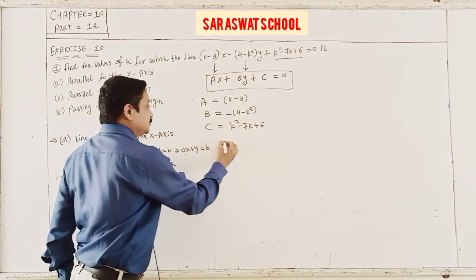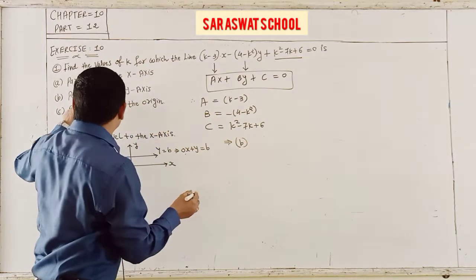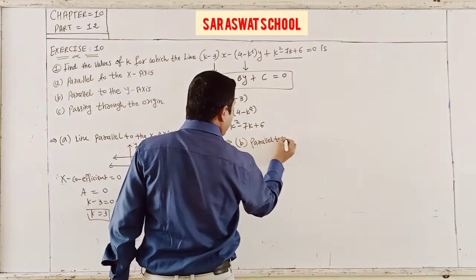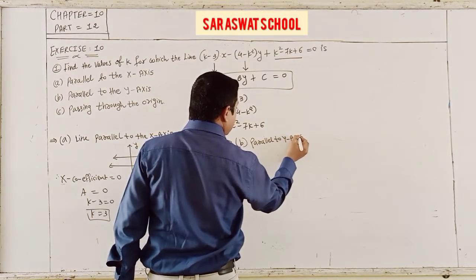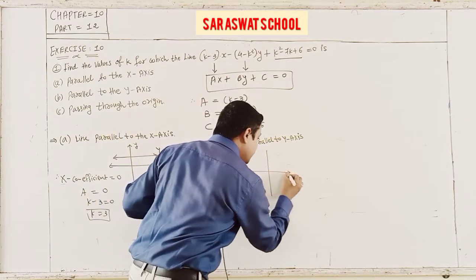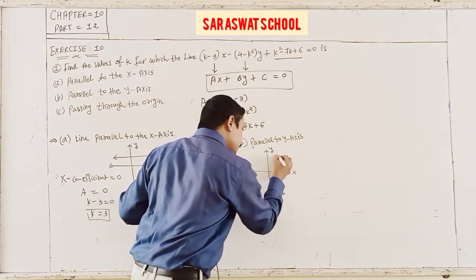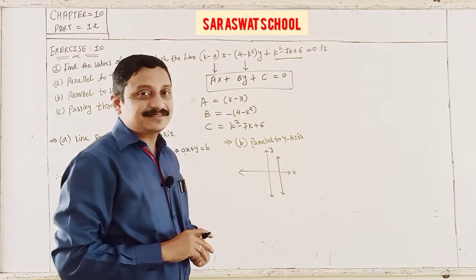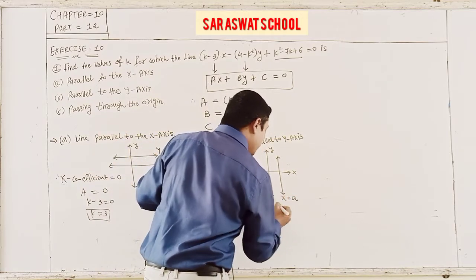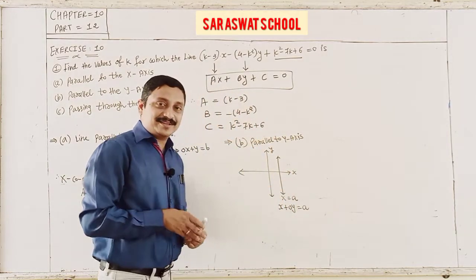Now the second question, parallel to the y-axis. Similarly, you can apply it. So students, your line is this way, x-axis, y-axis, that's the parallel. It means the line is vertical. And a vertical line is x is equal to something. It means x plus 0y is equal to a.